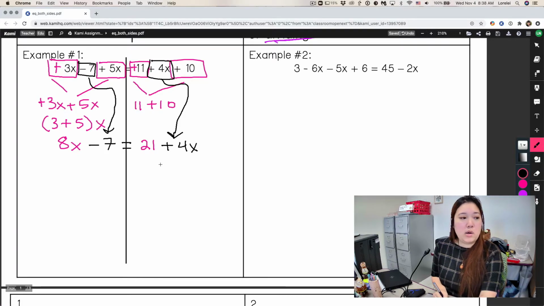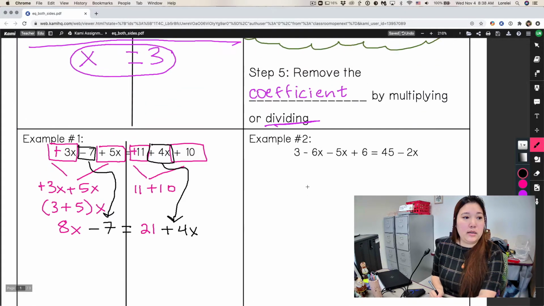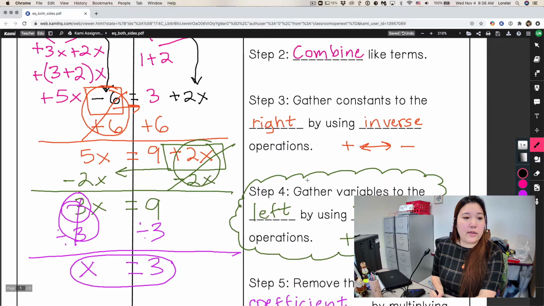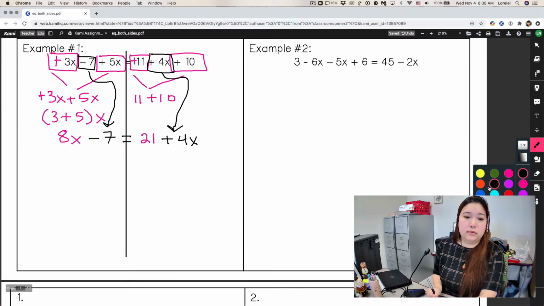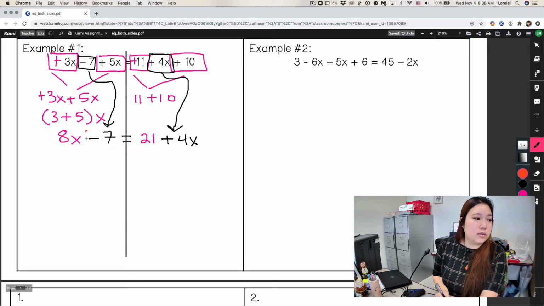Alright, so now I have combined like terms and simplified my expression to be 8x minus 7 equals 21 plus 4x. Right, you can see how we combined our like terms there. Okay, so our next step is to gather constants to the right. So we need to move this over to the right side.